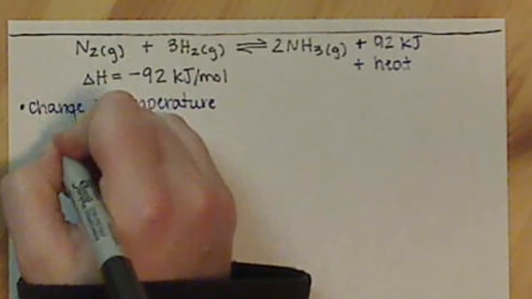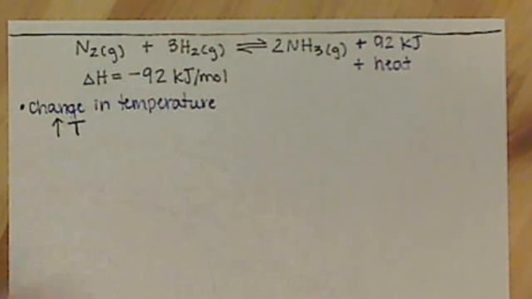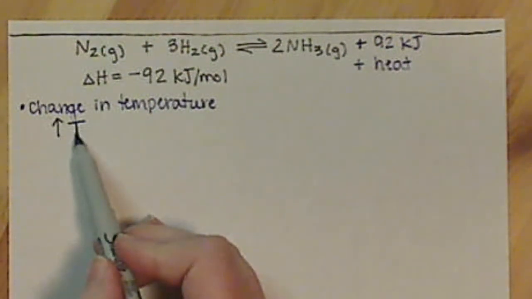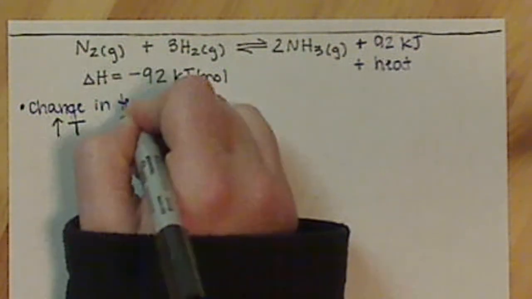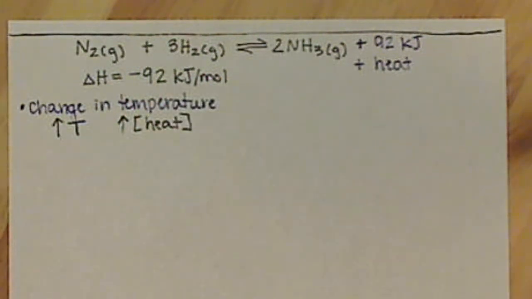So, if we increase our temperature, if we add heat to this, basically how I think of temperature is if I'm increasing the temperature here, I'm going to think of that as increasing the concentration of my heat.